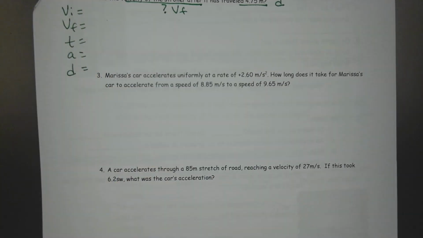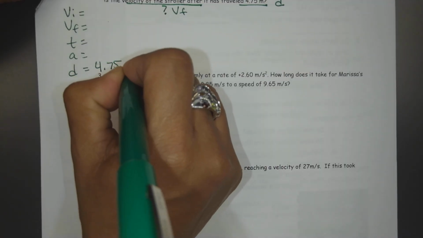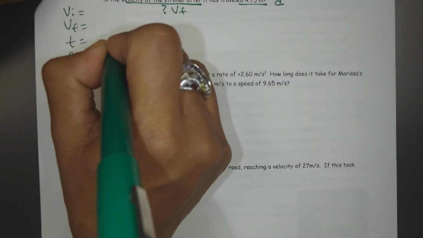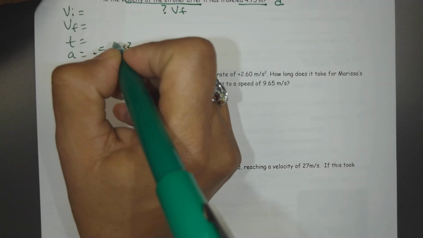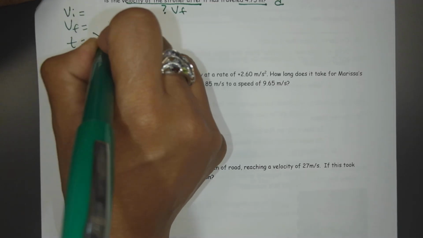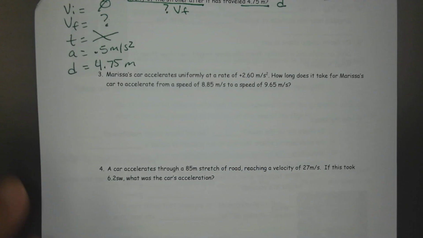That way it helps me with my flow chart. Distance is 4.75. A was 0.5. T, he was shaking his head, was not given to me at all. VF is my question, and VI was given to me.